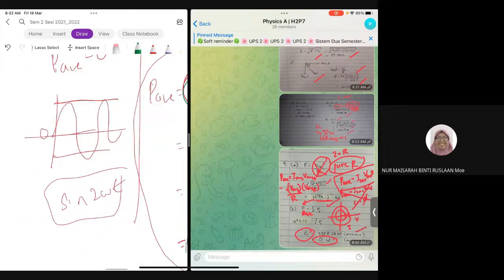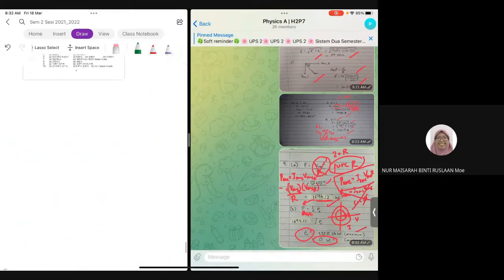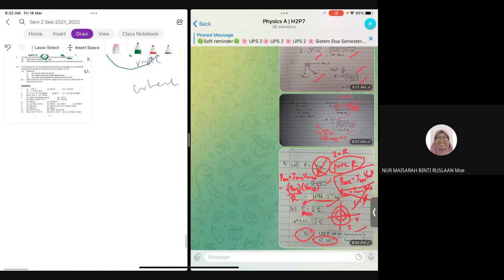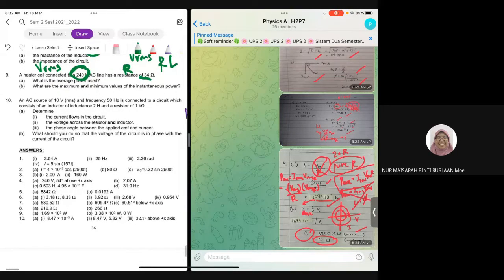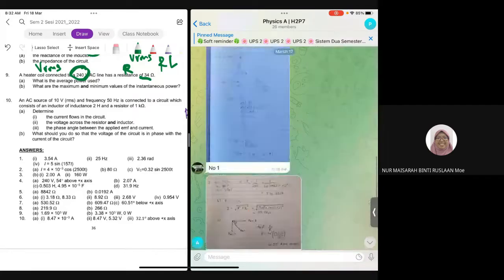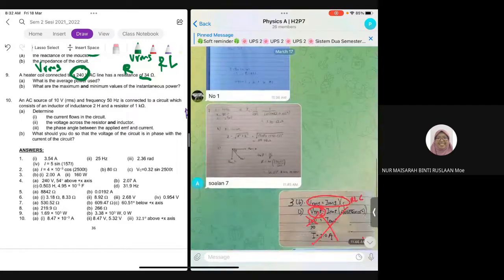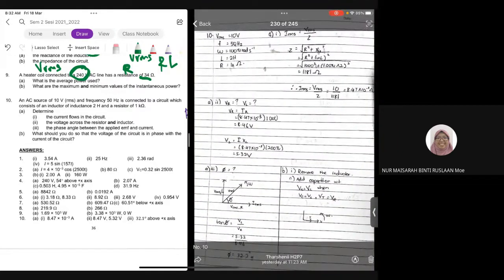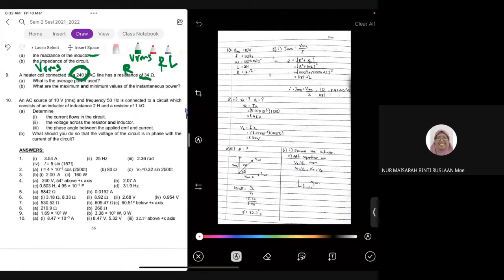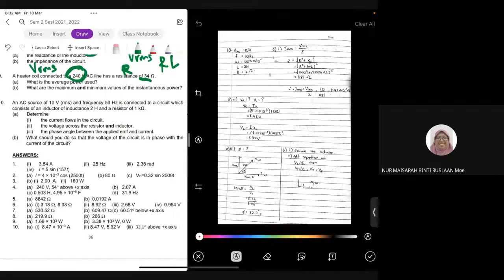Okay, the last question, number 10. An AC source of 10 volt.